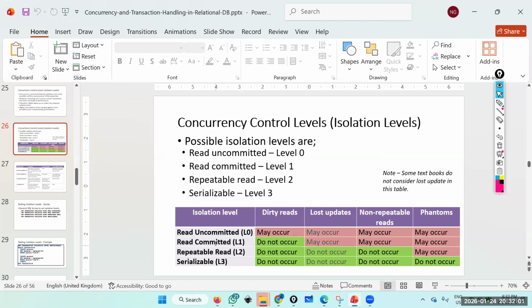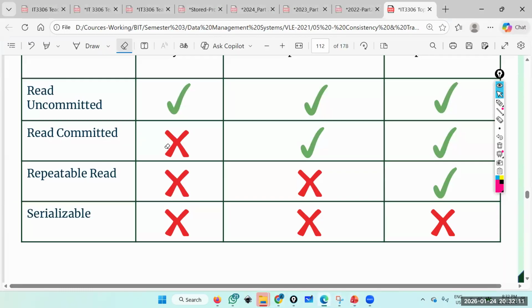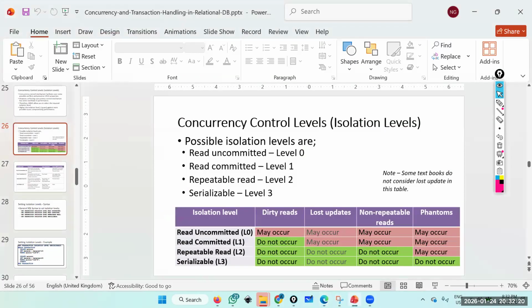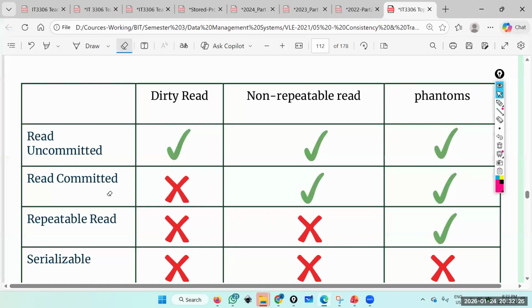Okay, but anyway, in read committed, dirty reads don't happen, but other things can happen.